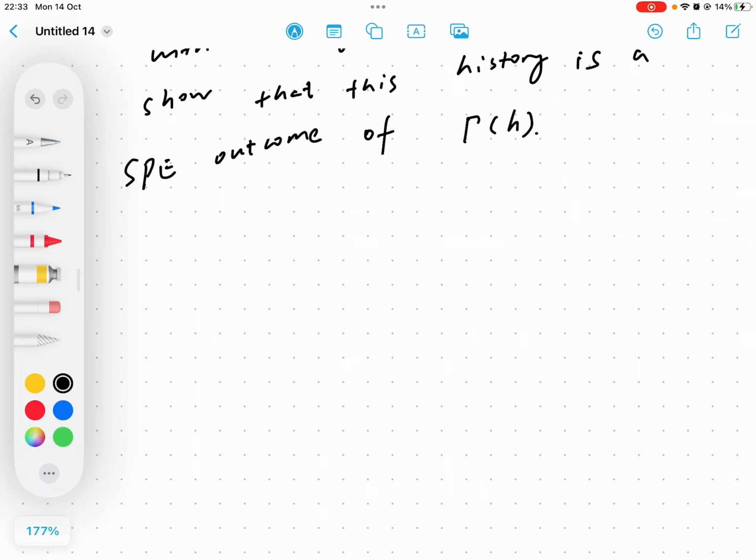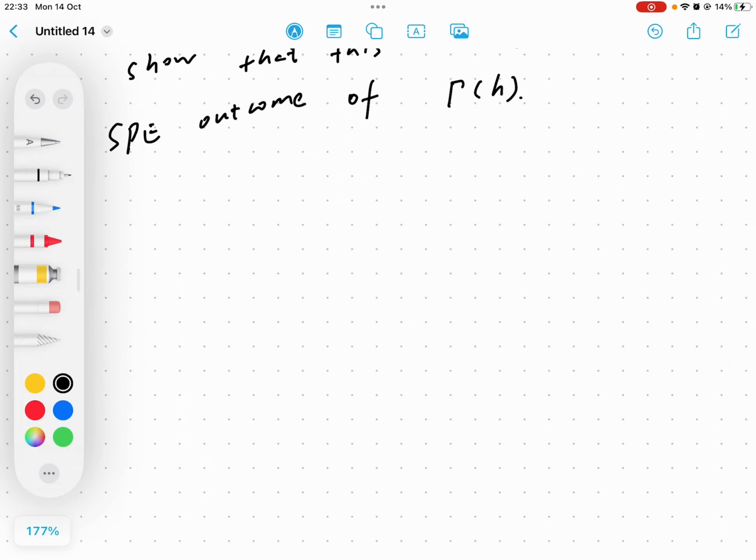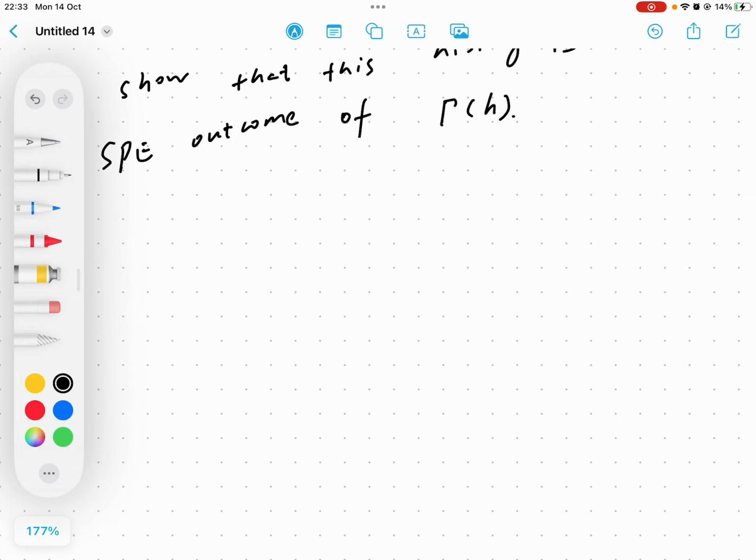The whole game, of course, is a subgame of itself, right? And then it finishes. So that's the basic idea of this proof.